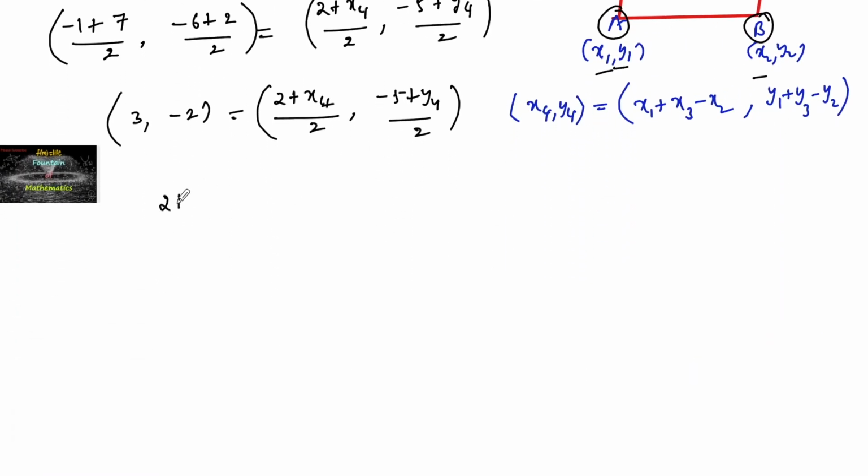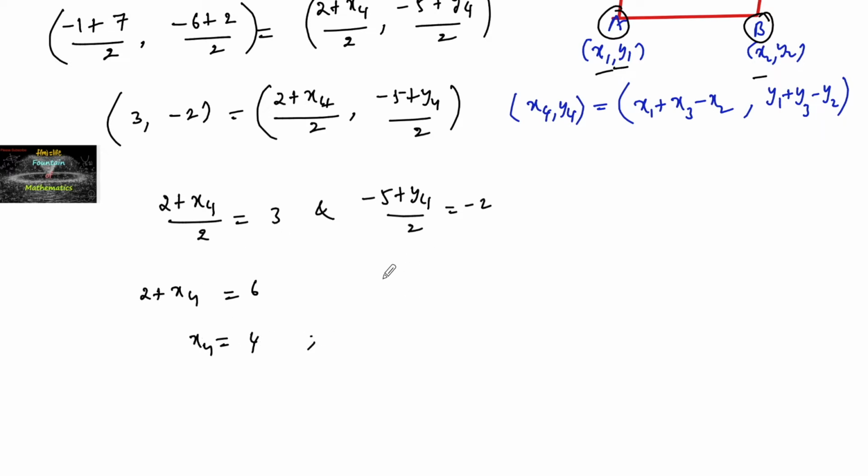you will get 2 plus x4 upon 2 is equal to 3 and -5 plus y4 upon 2 is equal to -2. So we can write 2 plus x4 is equal to 6, so x4 is equal to 6 minus 2, which is 4, and -5 plus y4 is equal to -4, so y4 is equal to -4 plus 5, that is y4 is equal to 1.